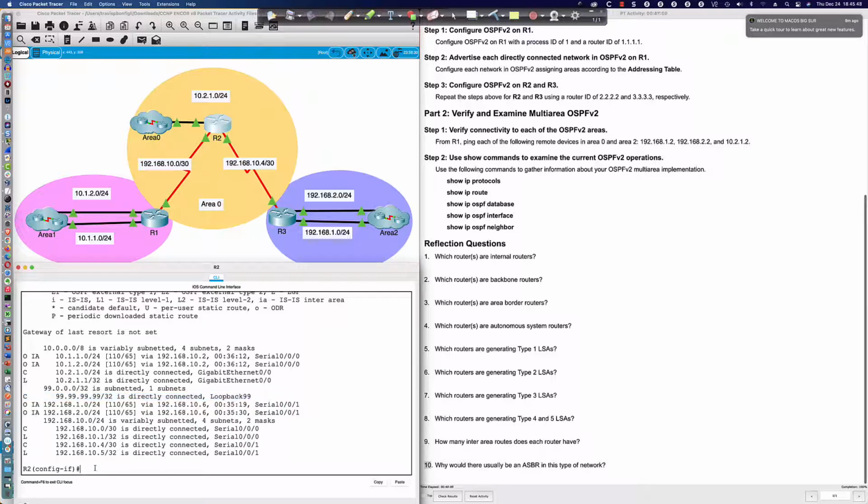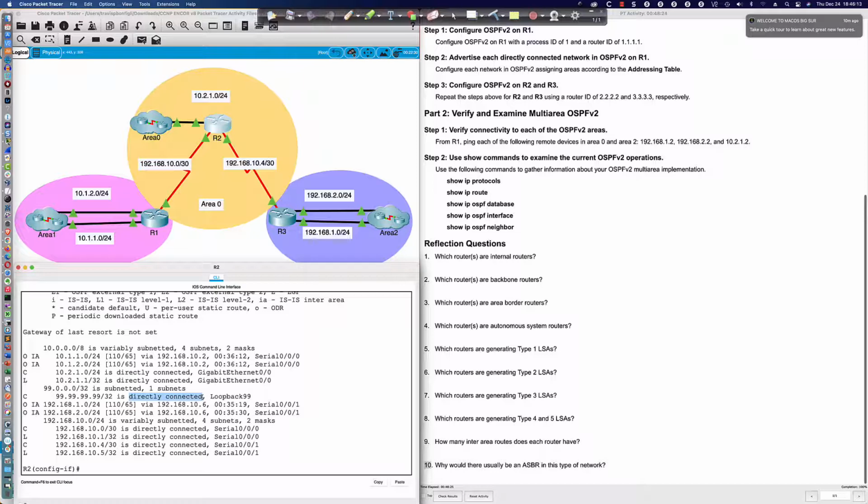So the example I gave you before, where we could have type 5 information if we redistributed information from some other protocol. Well, it just so happens in the context of talking about redistributing directly connected, we can imagine that as being a routing protocol. Now, it's not a dynamic routing protocol.